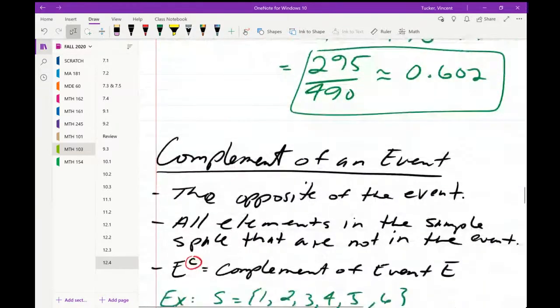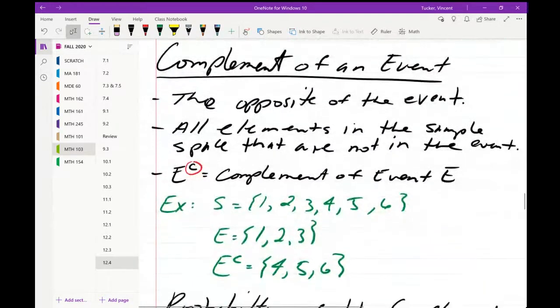All right. So the complement of an event. I believe it's the last new topic in this section. The opposite of the event would be considered a complement. That would be all elements in the sample space that are not in the event.